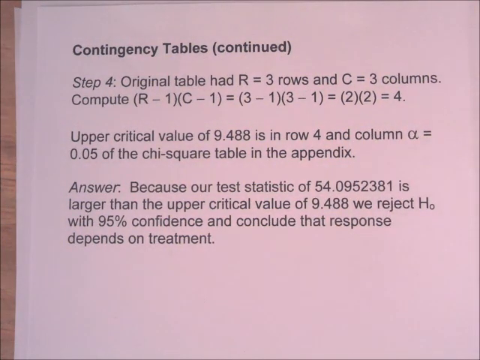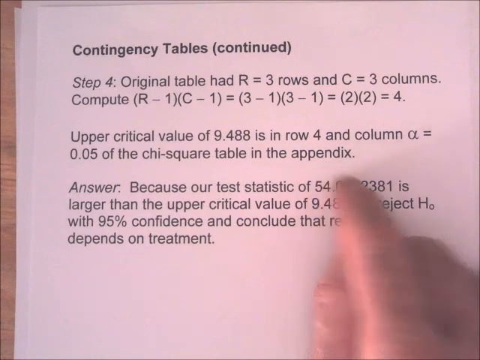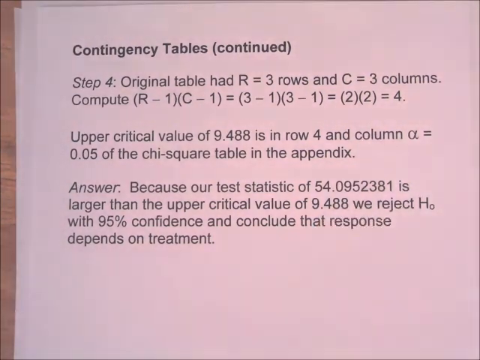So we look in row 4, column 0.05 of the chi-square table, and that gives us a value of 9.488. Let me just double check the table here.